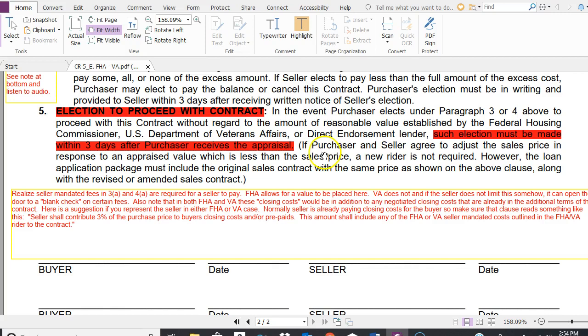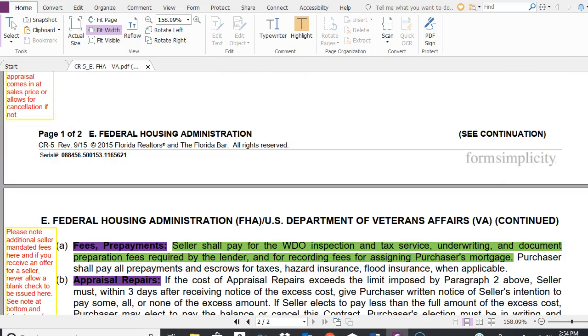What I'm saying is all these fees up here, let's say it's 3% of $200,000. So we got $6,000 in closing costs and they're going VA. That's fine. But all these fees right here that I'm referencing, the WDO, tax service, underwriting, and doc prep fees required by the lender, all right, that's going to be included in any other closing costs in that $6,000. So it's not on top of the $6,000.